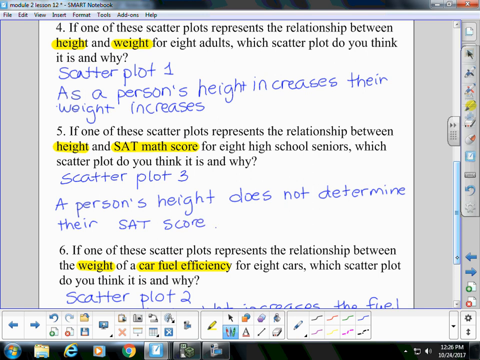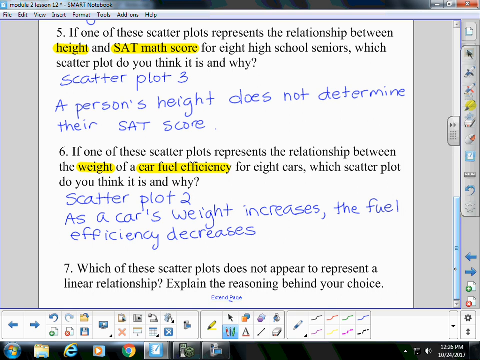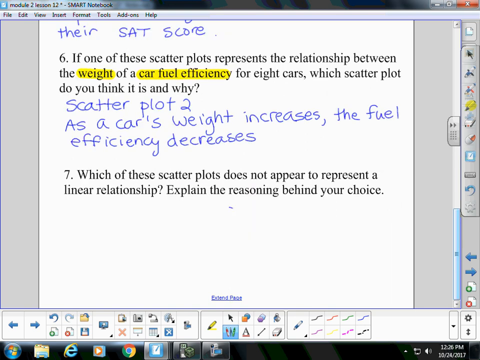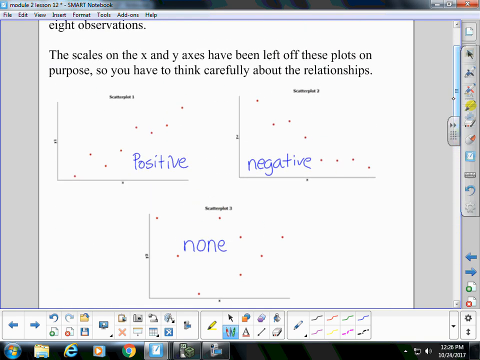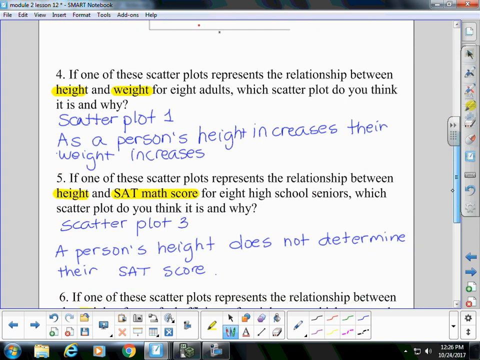Okay? All right, the last question down here says, which of these scatter plots does not appear to represent a linear relationship? Okay, so does number 1 look like a linear relationship? I would say yes, this one's looking like a line. Plot 2 is kind of looking like a curve. Obviously, scatter plot 3, there's no relationship. So I'm going to say scatter plot 2 is looking more like a curve than scatter plot number 1.